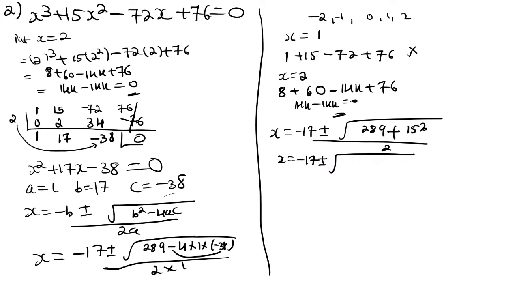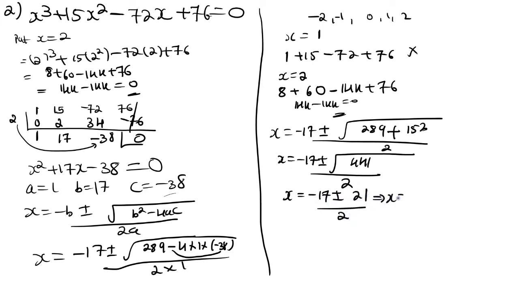Its value is equal to 441 divided by 2. So x value is equal to minus 17 plus or minus square root of 441, which is 21, divided by 2.